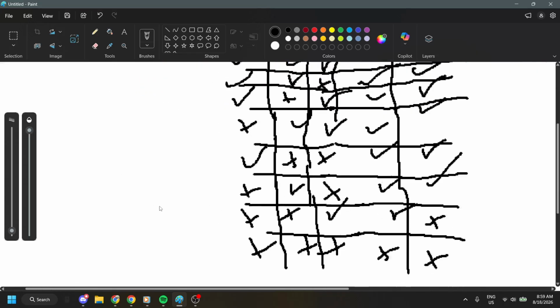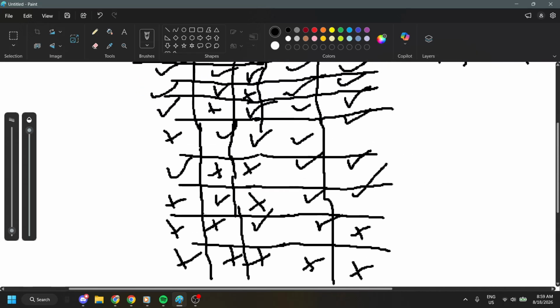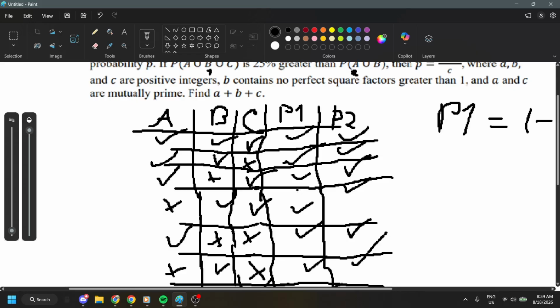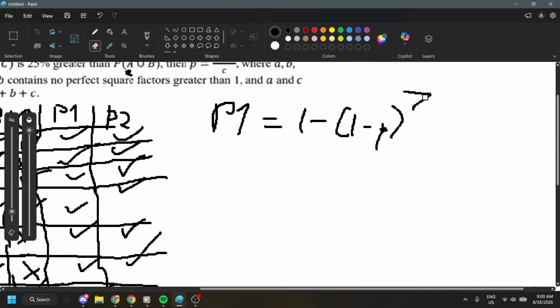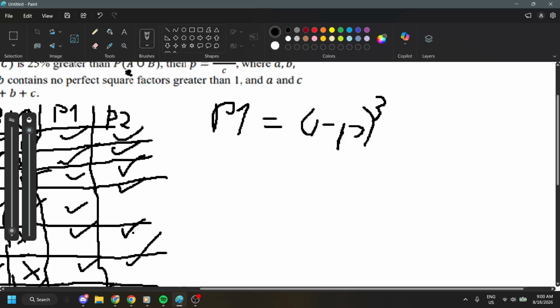Wait, am I just lying? No. It's just the probability that one doesn't happen to the 3, times the probability that another one doesn't happen.